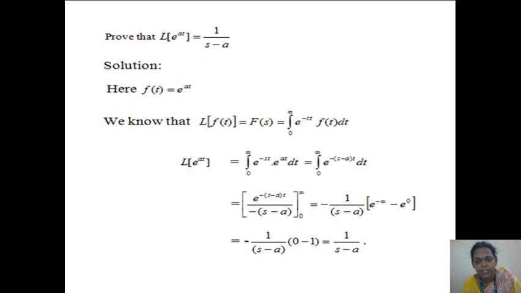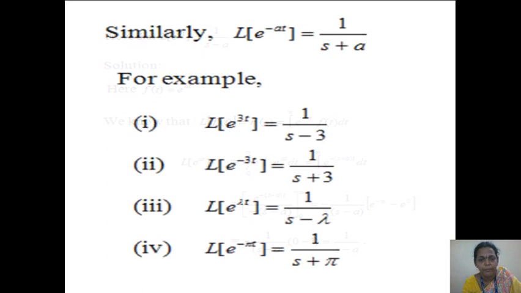Taking it outside, we get e power minus infinity minus the lower limit e power 0. We already know that e power minus infinity value is 0, minus e power 0 value is 1. Next, minus of minus is plus, that is 1 divided by s minus a.